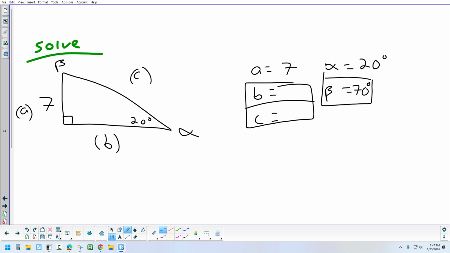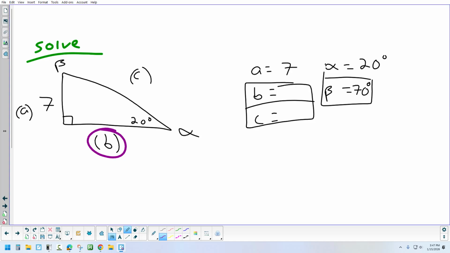Now we can find B or C. Alexis, which one do you want to find? B. So I'm going to circle B, because that's what we're going to try to find. And what angle do I want to use as my reference angle? I have two angles to pick from. Yeah, alpha.